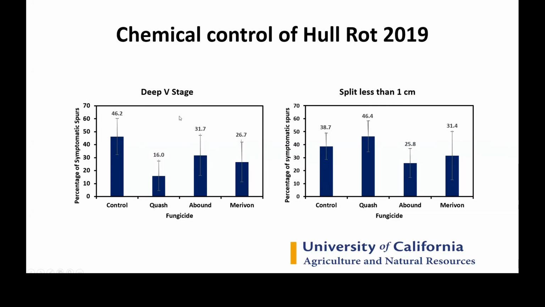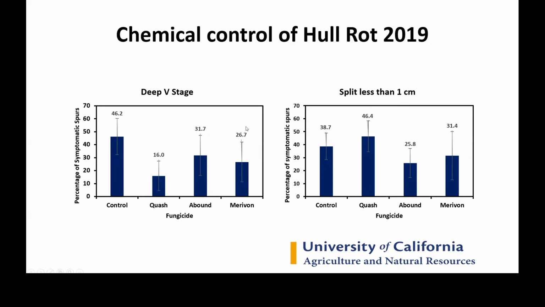Remember, I mentioned that when it comes to Aspergillus, when we inoculate at the deep V stage, approximately 40% of the spurs will develop those symptoms, and approximately 70 to 80% will develop when the fruits are split at stage C, which is less than 3/8 of an inch.